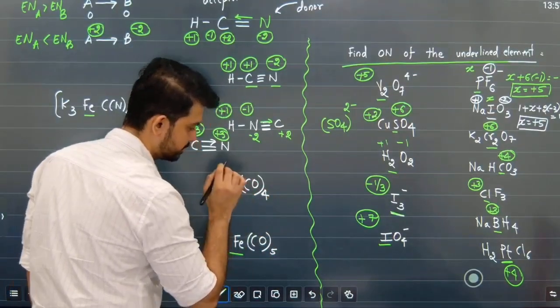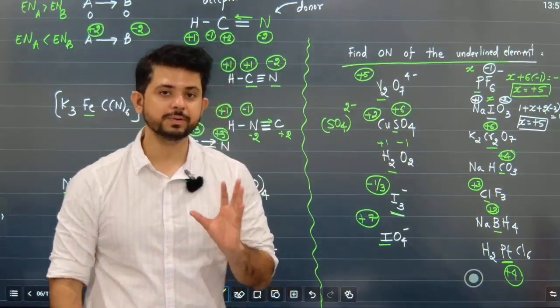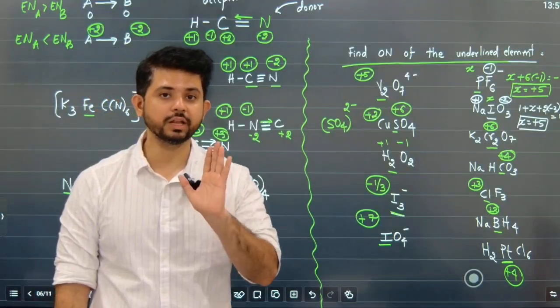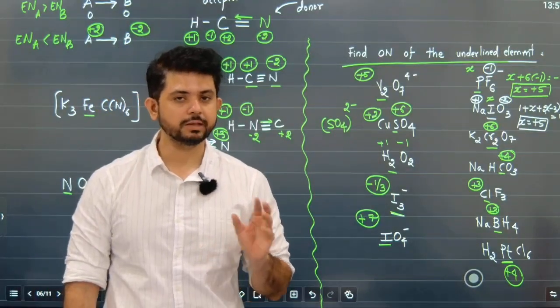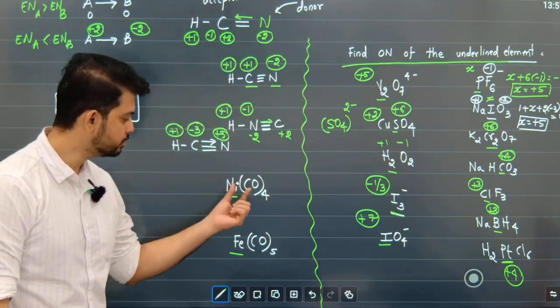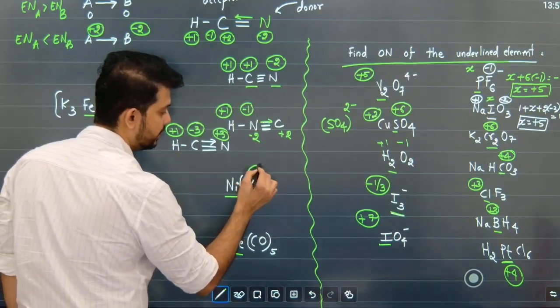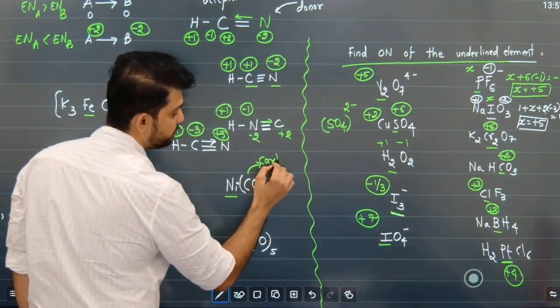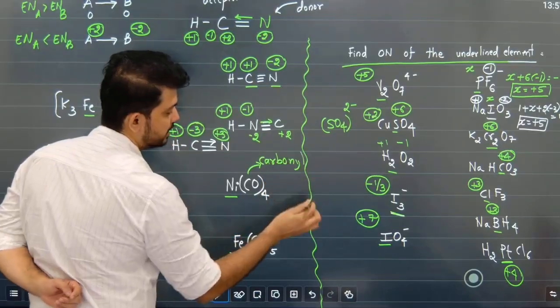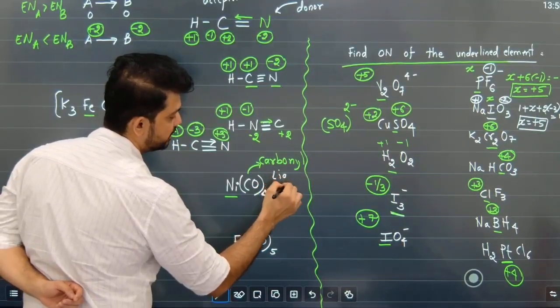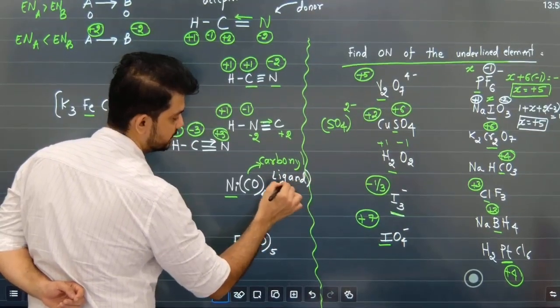Ni(CO)4. Now students, these are very special compounds. They are called as coordination compounds. We'll study more about coordination compounds in 12th standard, but कुछ examples ले लेते हैं. Ni(CO)4, now CO को हम बोलते हैं यहाँ पे carbonyl, and it has a very special behavior. इसको हम बोलते हैं it's a ligand.